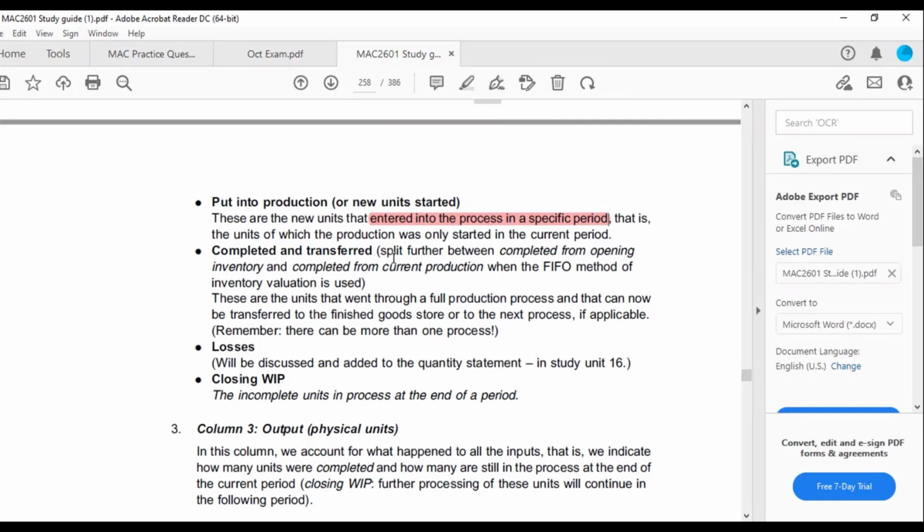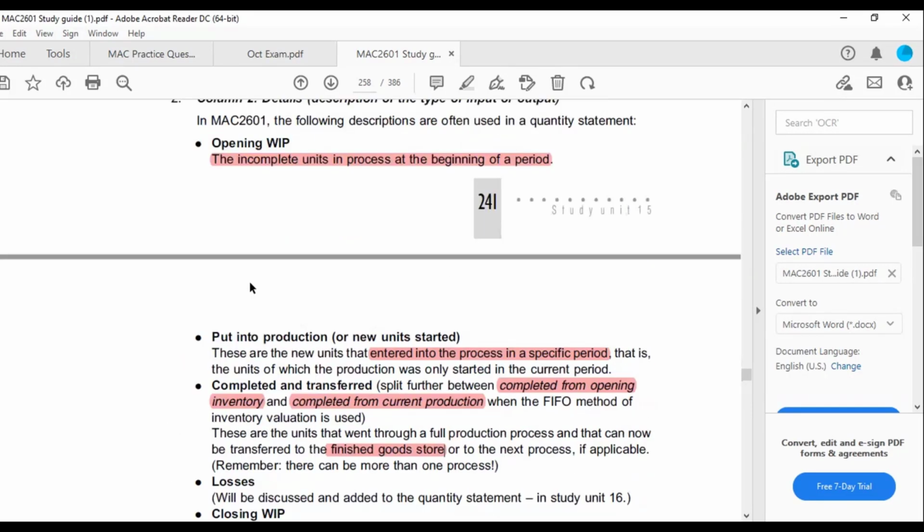Completed and transferred: completed from the opening, and completed in the current period. These units went through a full production process and can now be transferred into the finished goods store, if applicable.